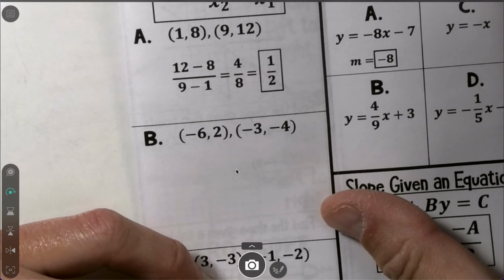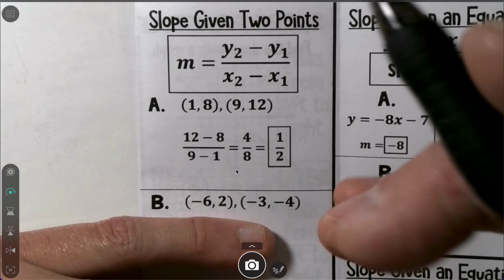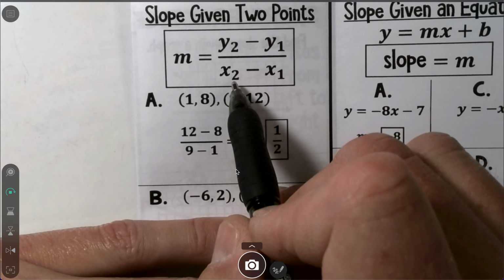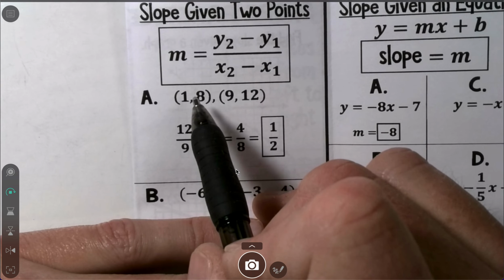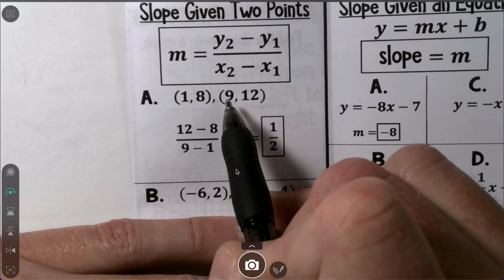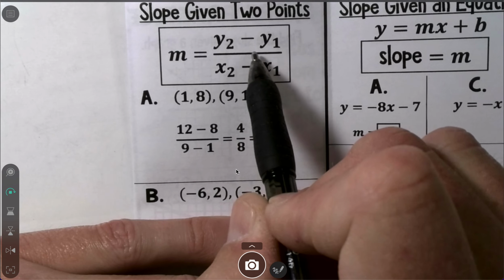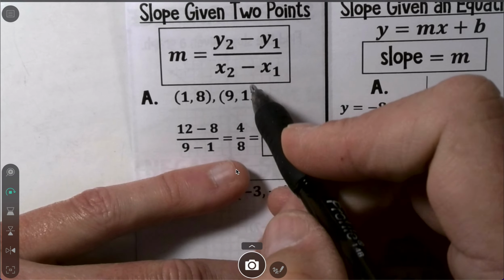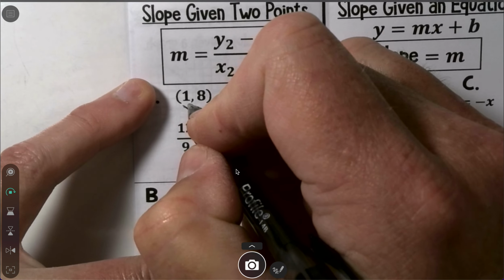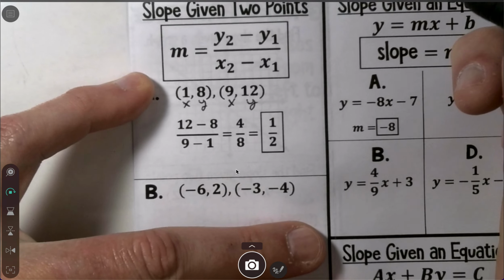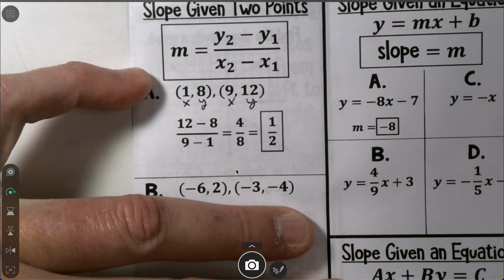All right, so our other section here, given 2 points. If we have 2 ordered pairs, 1, 8 and 9, 12, we can put our x and y values into the formula. And so I've always got an x and a y and an x and a y in my ordered pairs.